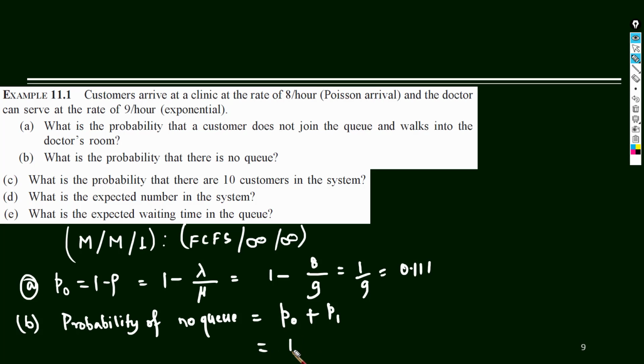So P naught is 1 minus rho, plus P1. We know that Pn is equal to P naught into rho to the power n. So P1 is equal to P naught into rho, where P naught is 1 minus rho. So we have already calculated 1 minus rho, this much, plus P naught times rho, that is 0.111 into 0.8889.